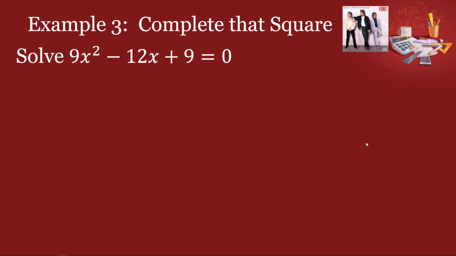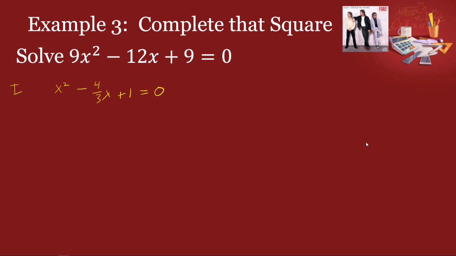Okay, well, let's try that on an example, and here it is. Here we want to solve 9x squared minus 12x plus 9 is equal to 0. Since we have a non-one a term, the first thing we want to do is divide everything by 9. If we do, after simplifying everything, we will have x squared minus 4/3 x plus 1 is equal to 0.